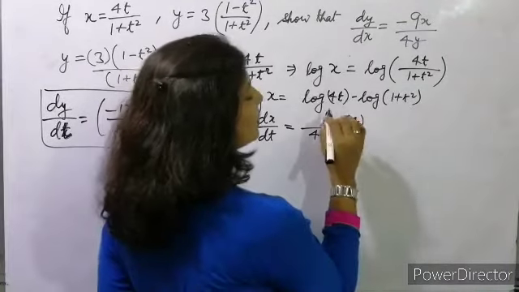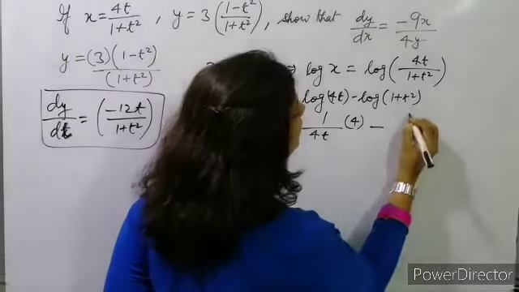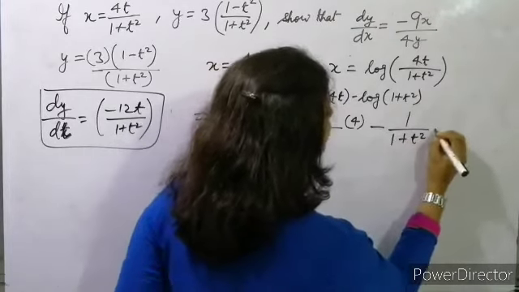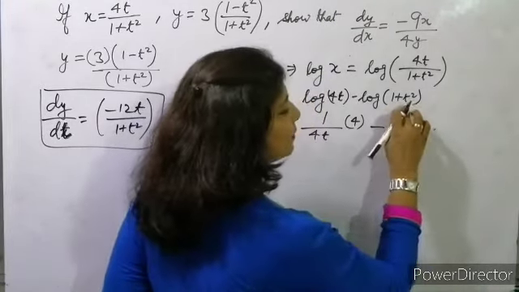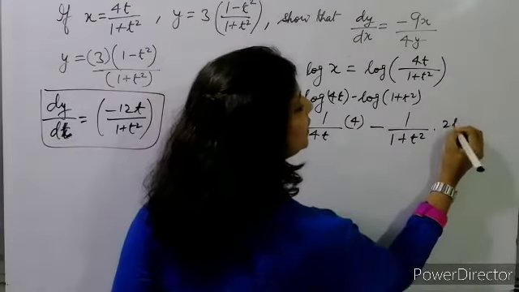Okay, because differentiating 4t will get 4 minus log of t; 1 plus t square, it will be 1 upon 1 plus t square multiplied by this will be 0, and when we differentiate this one we'll get 0 plus 2t.